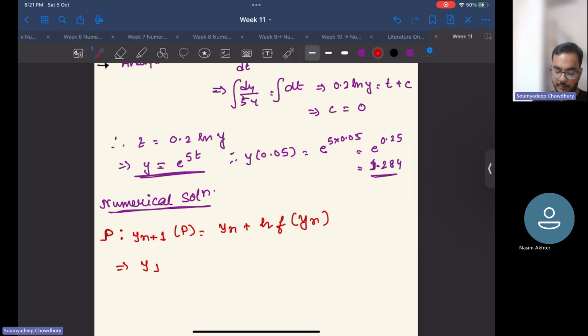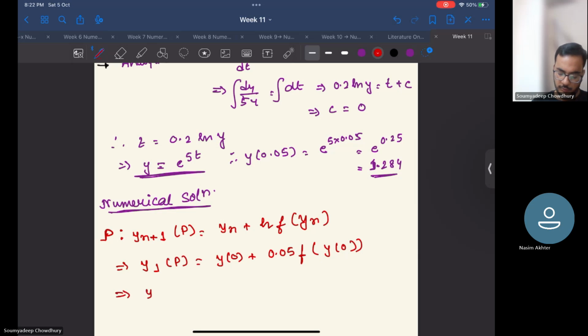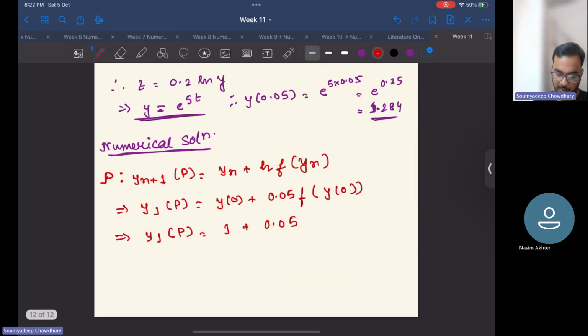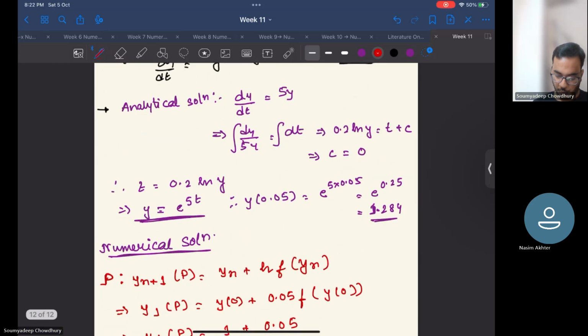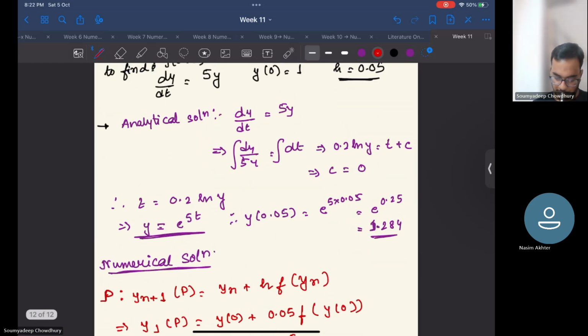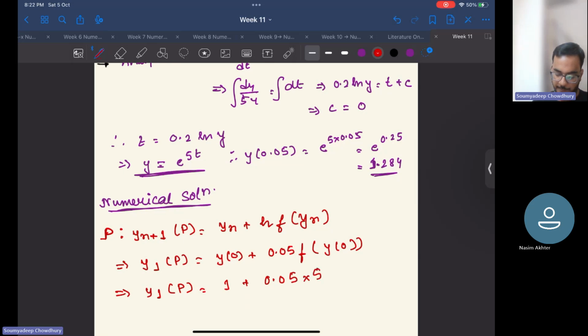So y1 predicted, y of 0 is 1, h is 0.05, and f of y is 5y, so that is 5. So y1 predicted is, sorry, 1.25.